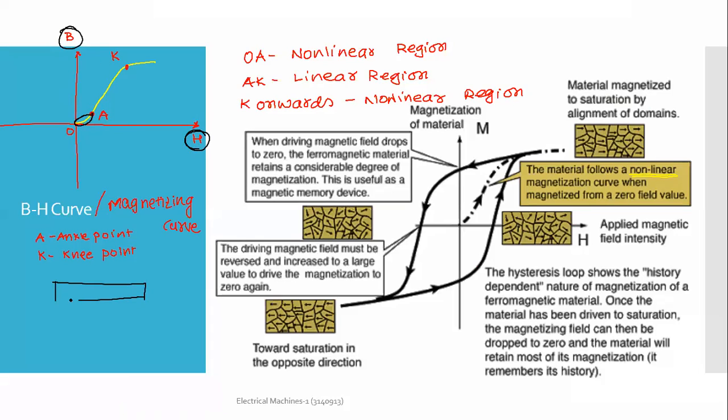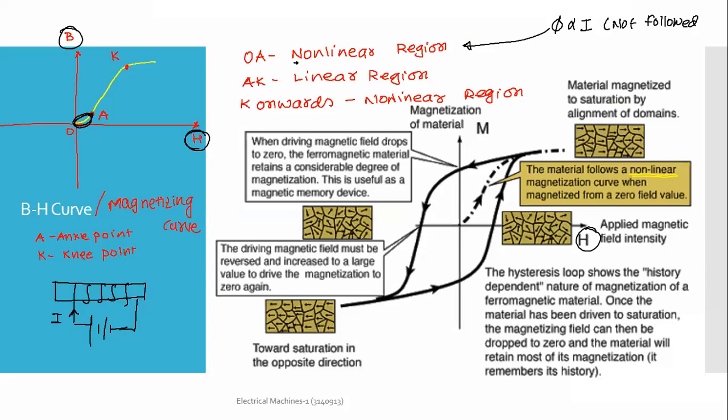That means if there is a core and a coil wound on it, during this magnetization part, if I increase the MMF, the magnetomotive force, or field intensity, the flux set up in the core will not be proportional to the current.